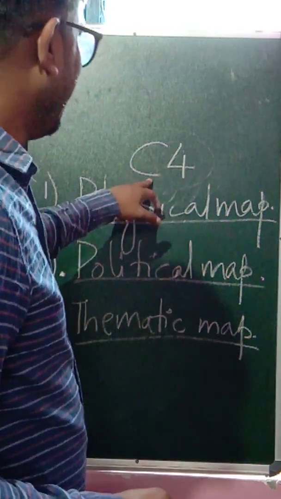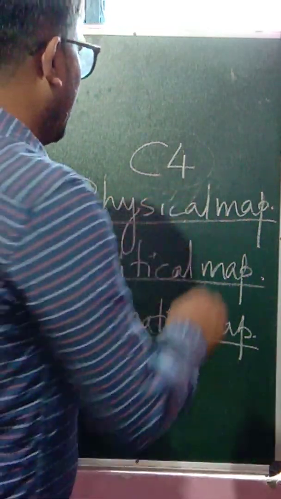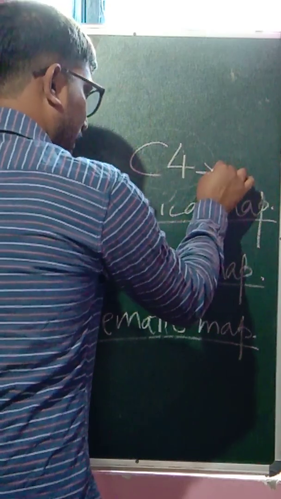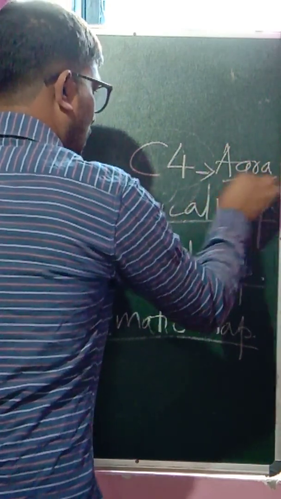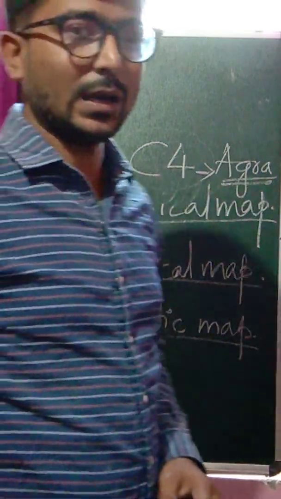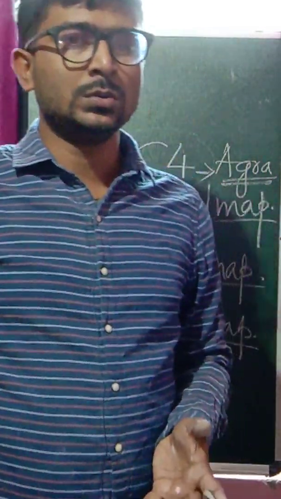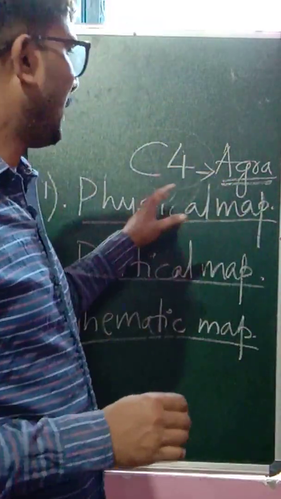When you join line C with the number 4, it indicates that this place is Agra in your atlas. So this is how, in a simple way, you are able to locate a place in the atlas through these different lines of longitude and latitude.